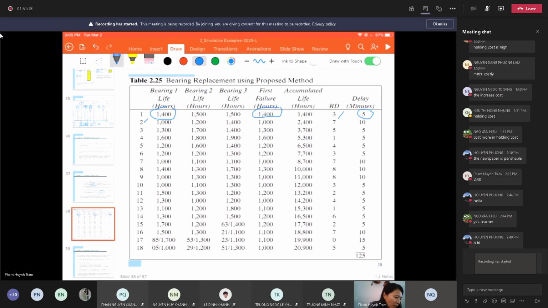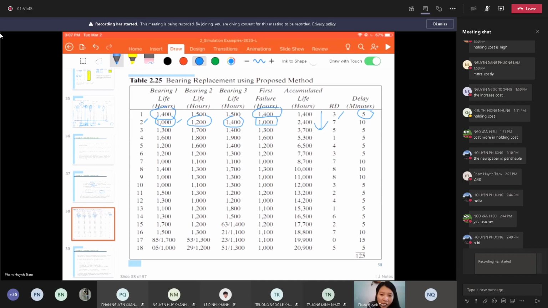For the second one, we use bearing 1 life 1,000 hours, bearing 2 1,200, and bearing 3 1,400. So again, bearing 1 failed at 1,000 hours. Here we get the accumulated life to monitor the simulation time.